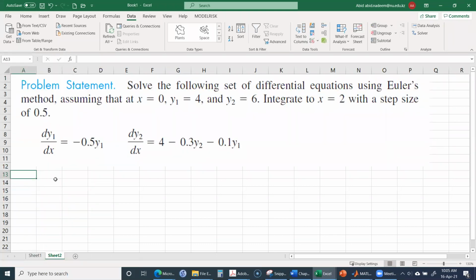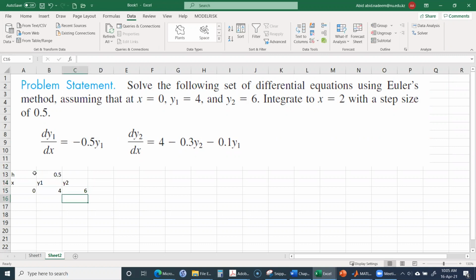For Euler's method, we will start with x, y1, and then y2. At x equal to 0, y1 was 4, y2 was 6, and the value of h, the step size, was 0.5.